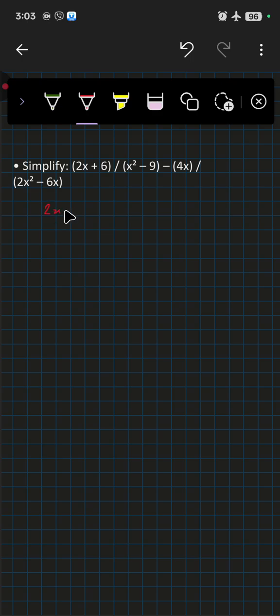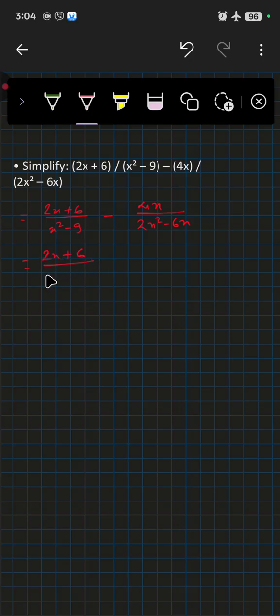2x plus 6 upon x square minus 9, minus 4x upon 2x square minus 6x. So what we have to do first is make it into product form in the denominator.